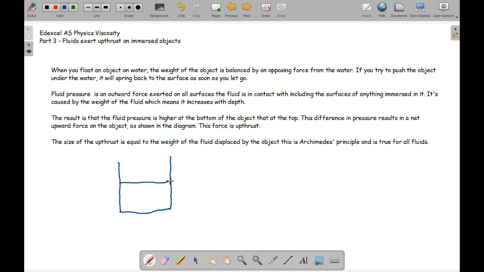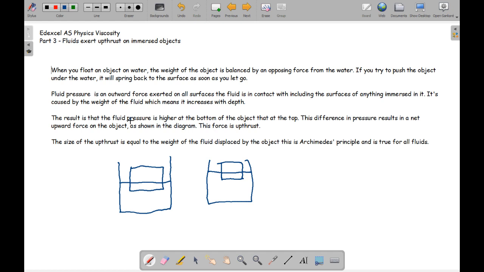So here's my fluid, and I'm going to put a block in it. Now we all know what happens: the volume seems to suddenly increase, and the block, if it can float, floats. So the result is that the fluid pressure is higher at the bottom of the object than at the top.